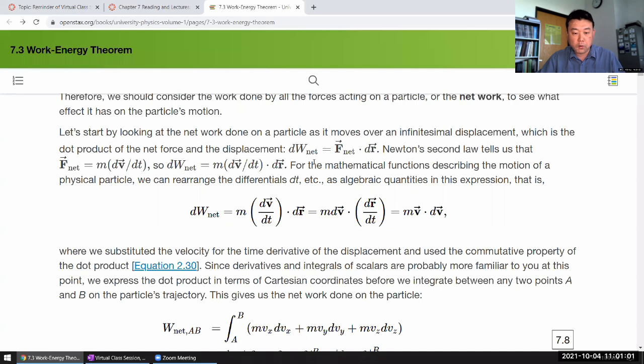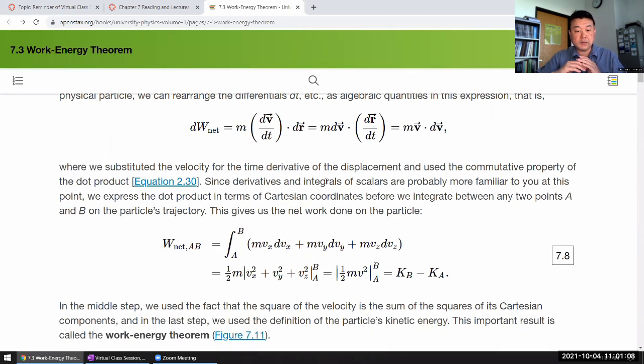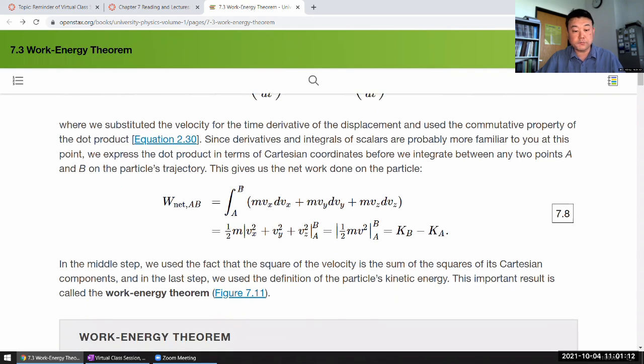So when you have a work done that's associated with that net force, over any finite interval going from point A to point B, you calculate the net work. Then what you find is that the net work calculated is equal to the difference between how much kinetic energy the object has at the final point minus how much kinetic energy that object has at point A.